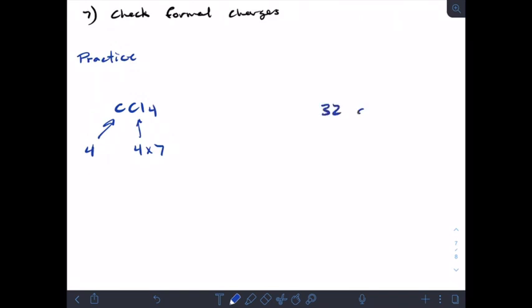So I have 32 valence electrons total. That's step 1. Step 2 says to draw a skeletal structure with the least electronegative atom in the center. Between chlorine and carbon, chlorine is closer to fluorine, so carbon is farther away from fluorine, so carbon is going to go in the middle. And I'm going to draw a symmetrical structure.